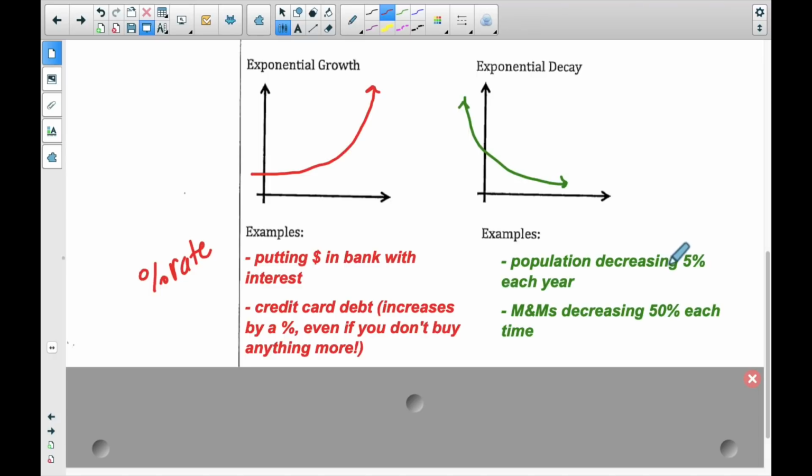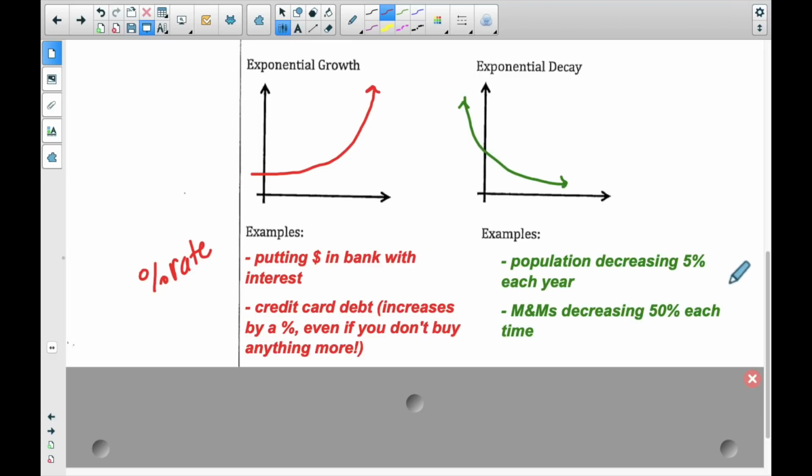So the population is decreasing by 5% each year. Maybe you have a population of turtles or whatever. If it is decreasing by a certain percent, that is exponential decay. The activity we did the other day with M&Ms, you are approximately losing 50% of your M&Ms every time. So that would be exponential decay.